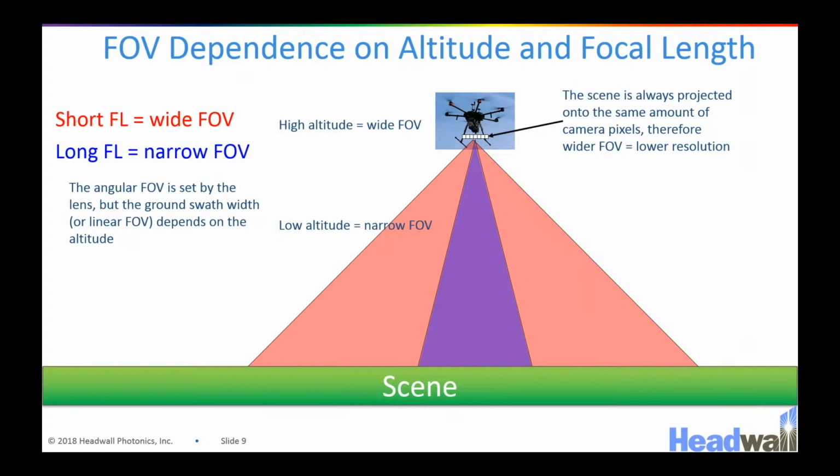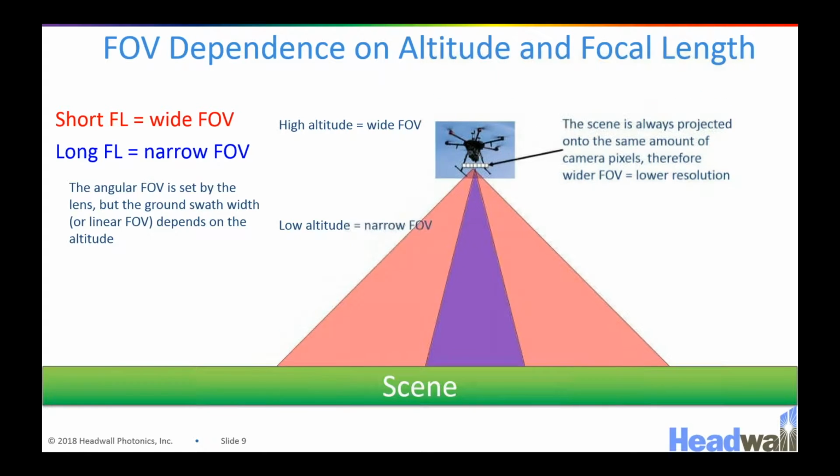And I like to show this little illustration here as an example of one way that you can play with your flight altitude to tweak your spatial resolution. So these two different triangles that I have here represent two different lens focal lengths. A shorter focal length lens will have a wider angular field of view, and a longer focal length lens will have a narrower field of view. And so this angular field of view will remain static based on your lens choice.